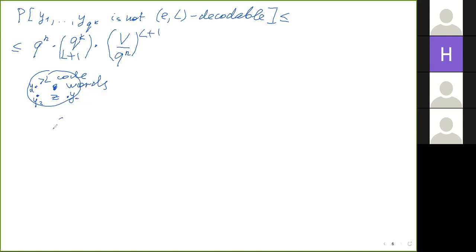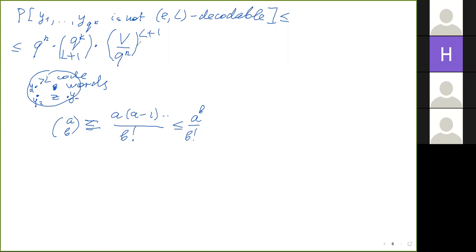For the binomial coefficient, we can use the following simple bound. A choose B is at most, what is it? This is A times A minus 1 and so on over B factorial. Here in the numerator, we have B factors, and each of them is at most A, so it is at most A to the B over B factorial.